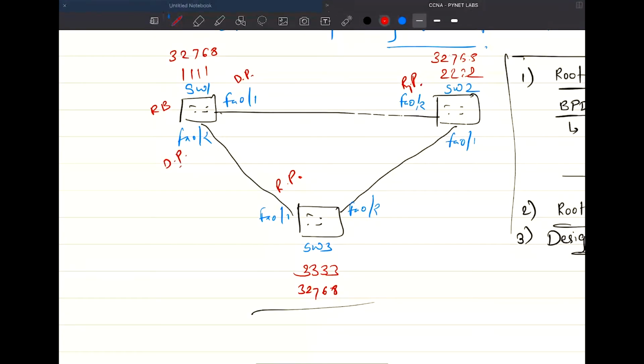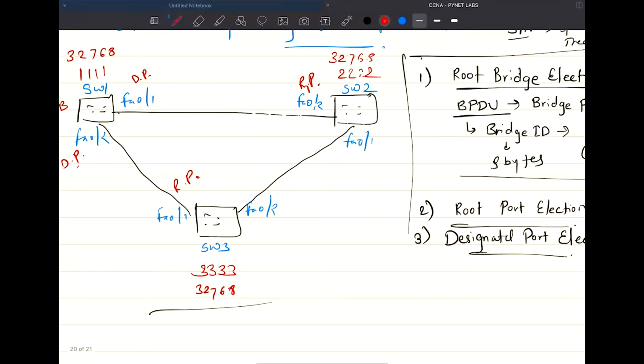Correct? And how many interfaces are we left with now? We just have FA0/1 and 0/2, which is basically a link between switch 2 and switch 3. So one of them would be placed as a designated port. And who will be placed as designated port? The port which is connecting to the lowest MAC address that is there.